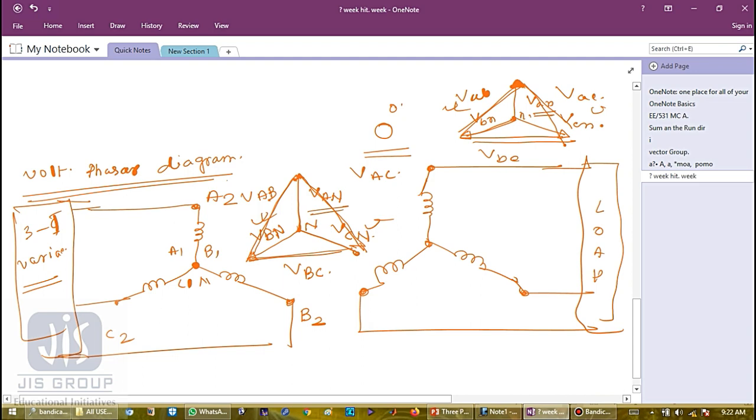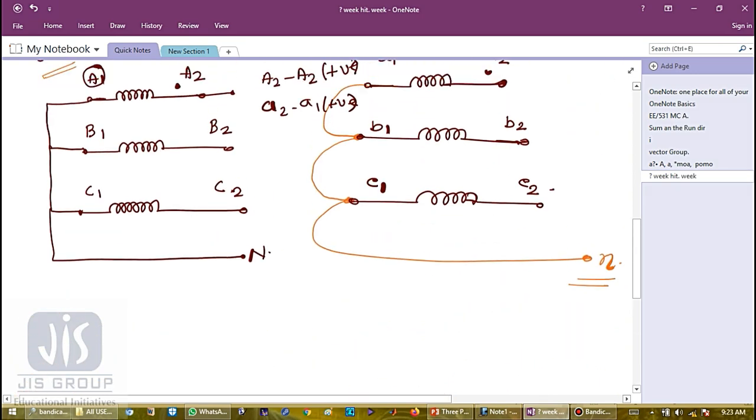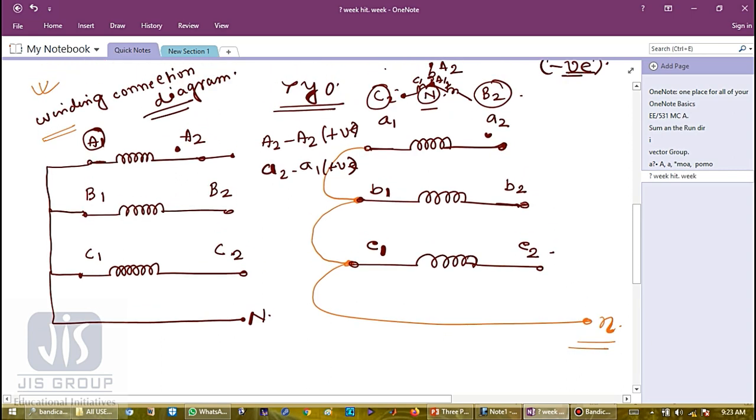Okay. So now if we draw the phasor diagram, we can easily draw the connection diagram. Look, A2, B2, C2 are the terminals, and A1, B1, C1 are shorted for the primary side, and similarly for the secondary also. A2, B2, C2 are the load terminals, and the rest of the terminals are shorted. So A1, B1, C1 is the shorted neutral point. This is my primary terminal or HV terminal, and this is shorted.